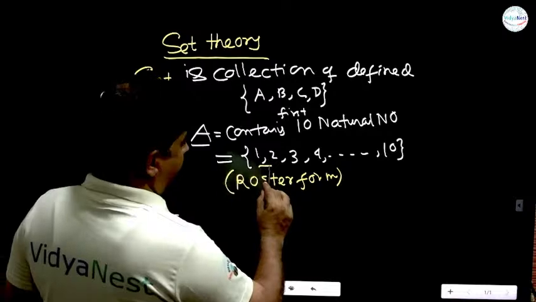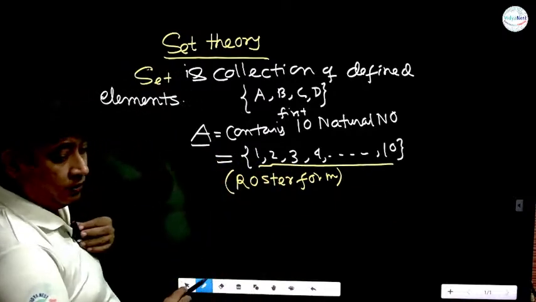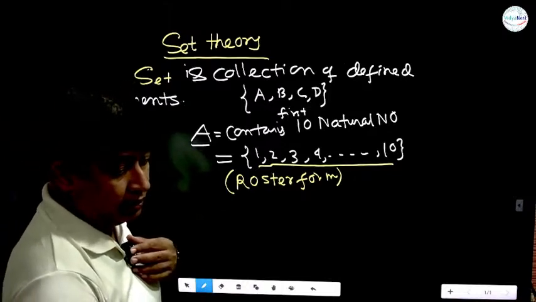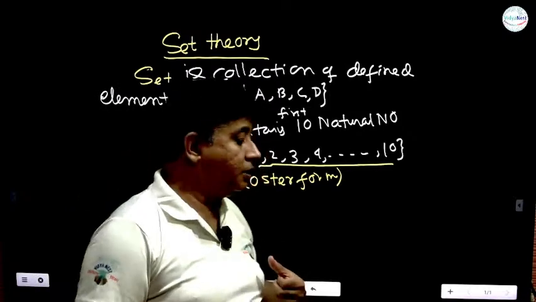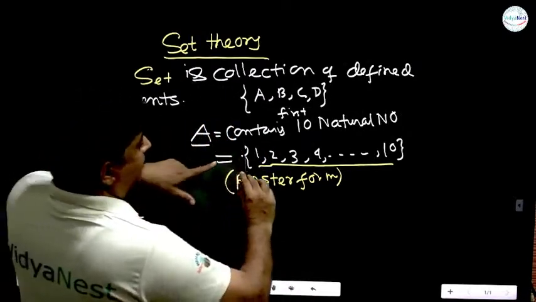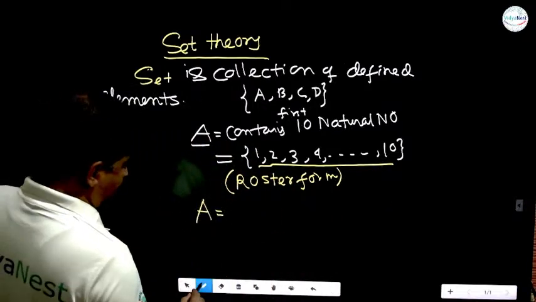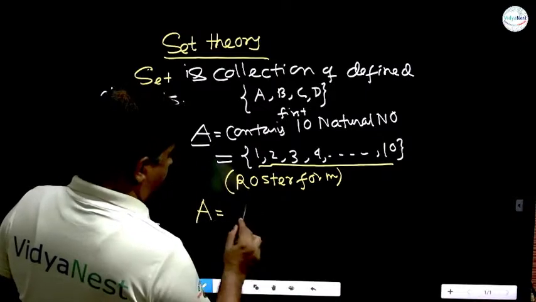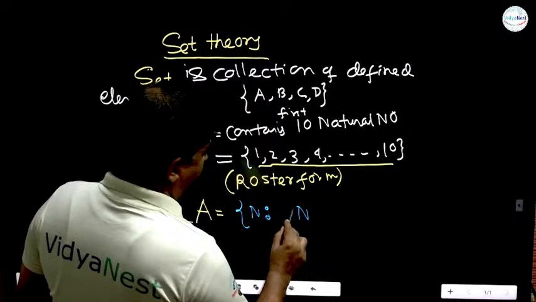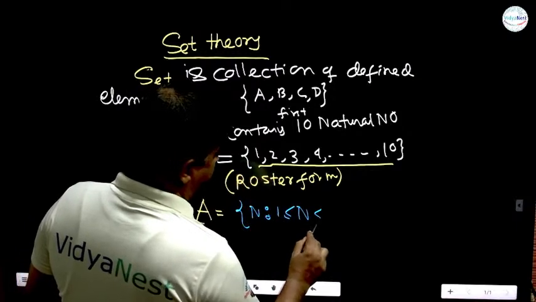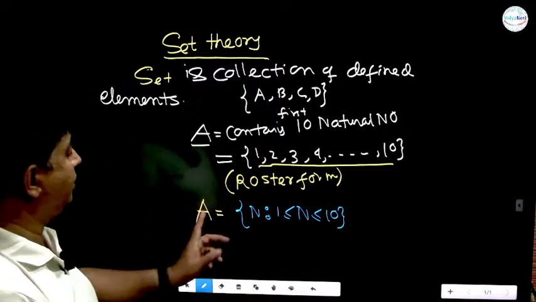Now set builder form is what? Instead of writing all 10 elements, if you wish, you can write in this way: all natural numbers, where the natural number belongs to 1 to 10.